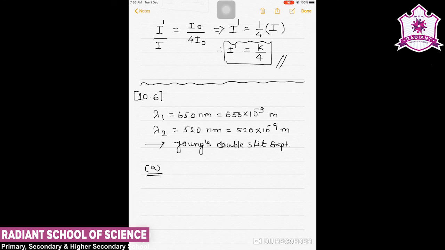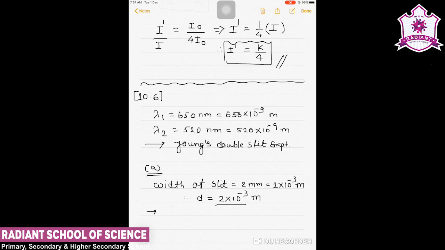So here they have given the slit width, that is 2 millimeter, that is 2 into 10 raised to minus 3 meter. So we can say that here small d is equal to 2 into 10 raised to minus 3 meter. And the distance between the plane of the slit and the screen is 120 centimeter.